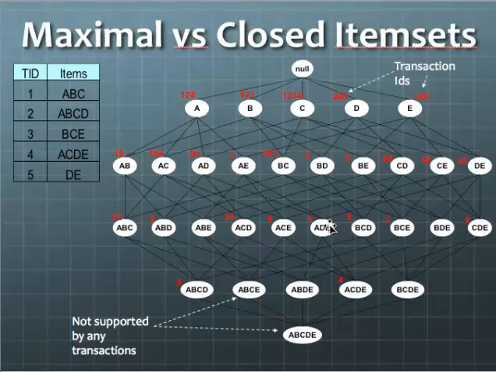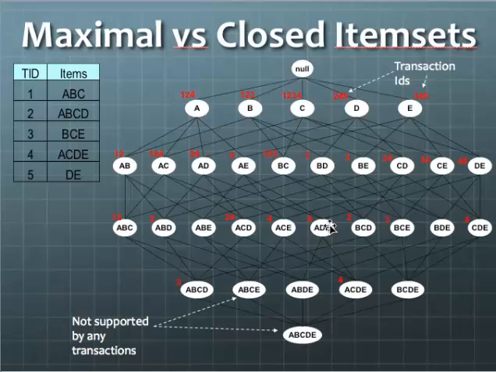However, any transaction that contains A and D does not have to contain a particular superset of A and D. For this reason, the support for A and D must be equal to the largest support among its supersets.